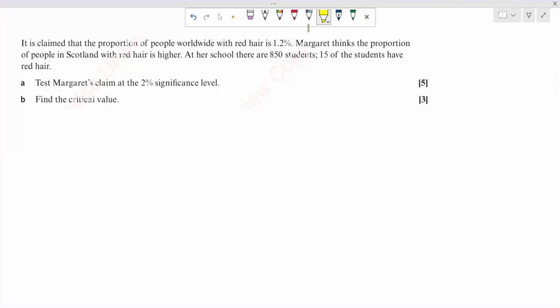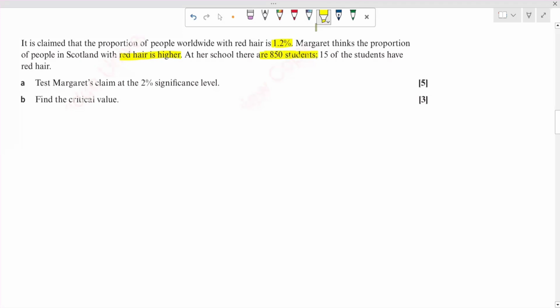The question is given that it is claimed that the proportion of people worldwide with red hair is 1.2 percentage. Margaret thinks the proportion of people in Scotland with red hair is higher. At her school, there are 850 students. Now n value will be 850, the p value will be 1.2 percentage.